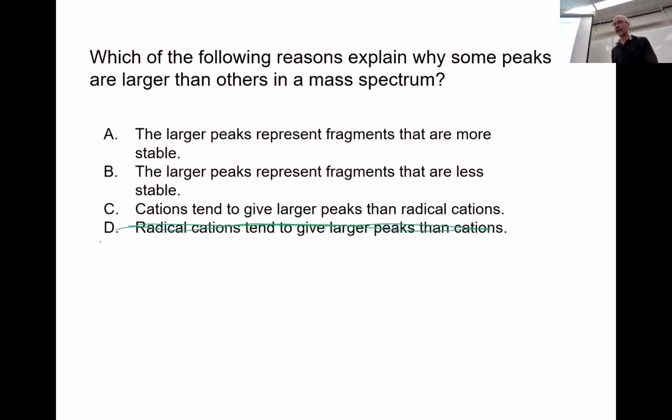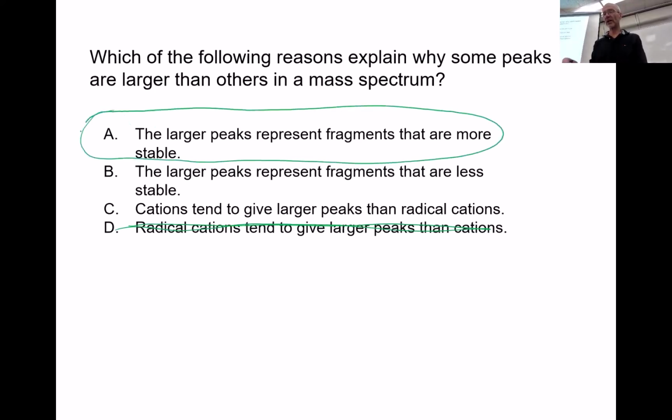Cations tend to give larger peaks than radical cations. Well, that's a true statement, but it doesn't really explain why some peaks are larger than others in terms of the more common thing. Most of you have honed in that the larger peaks generally represent species that are more stable.